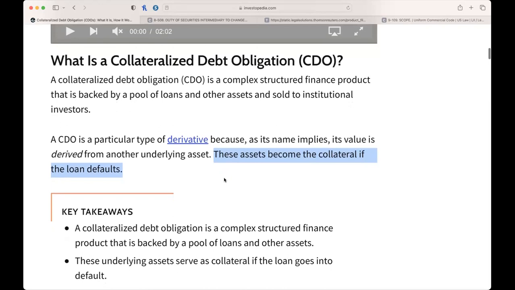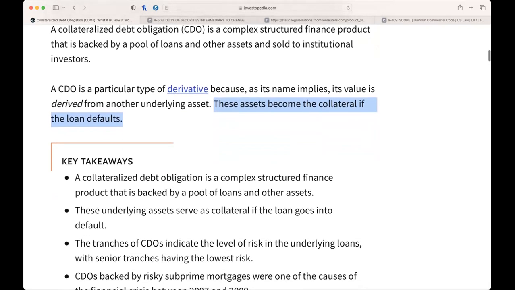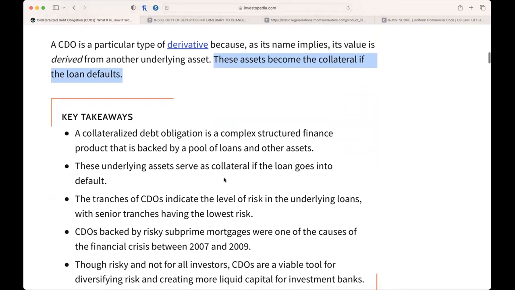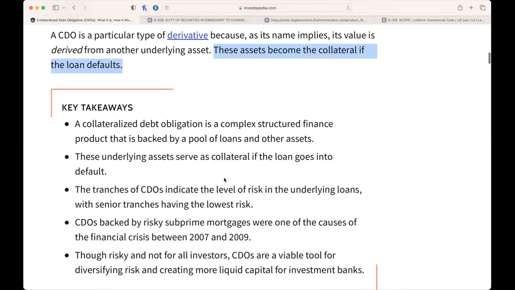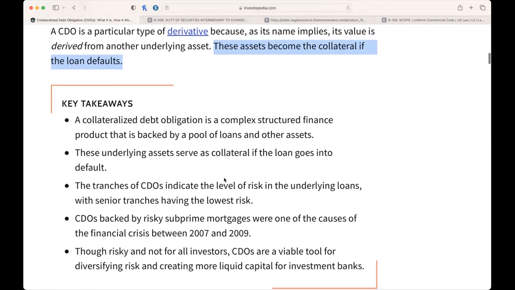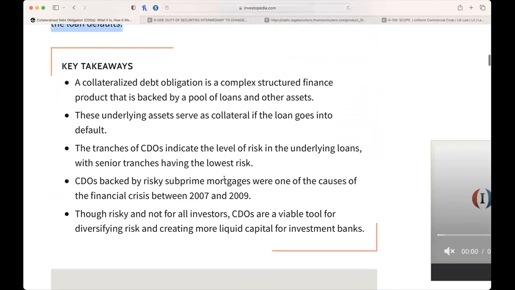Absolutely. All right. So key takeaways, a collateralized debt obligation is a complex structured finance product that is backed by a pool of loans and other assets. These underlying assets serve as collateral if the loan goes into default. The tranches of CDOs indicate the level of risk in the underlying loans, with senior tranches having the lowest risk.